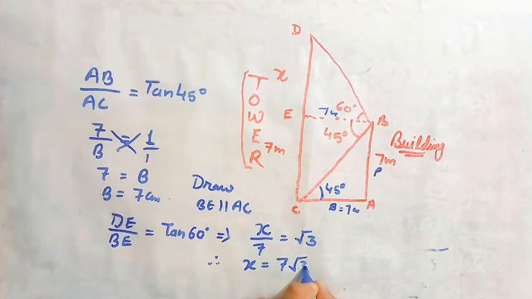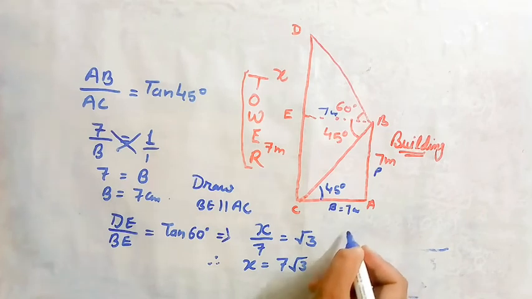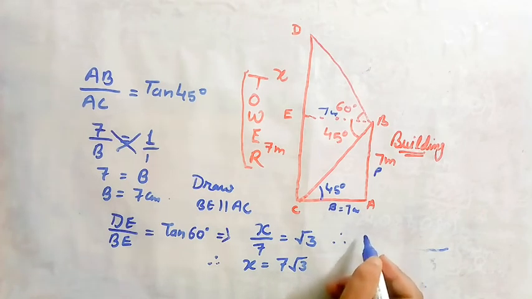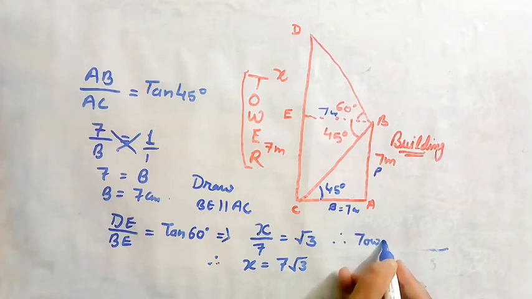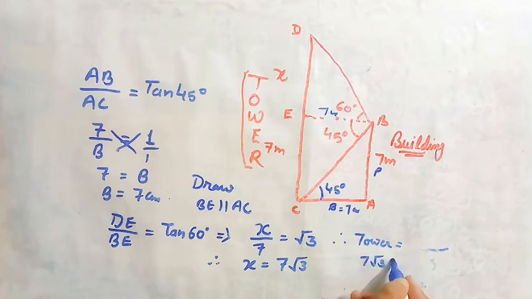So X will be 7 square root of 3. Now we have to find out height of tower. So height of tower is DC, which is equal to DE plus EC, means which is equals to 7 square root of 3 plus 7. Take 7 common, inside will be square root of 3 plus 1, which is your required answer.